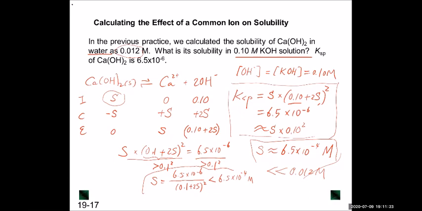And here's how we calculate. Use an ICE table and use approximation. So the approximation comes from here. That becomes this. So that's how the common ion affects the solubility equilibrium.